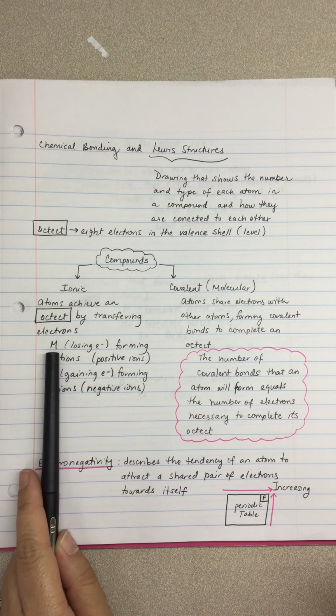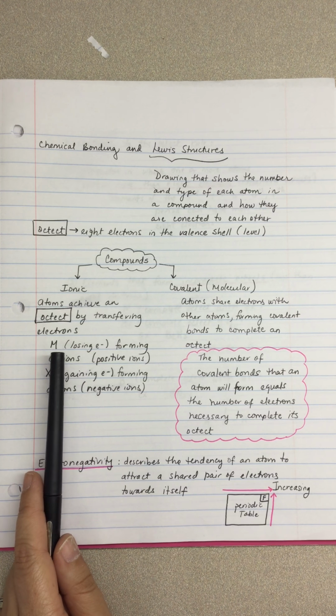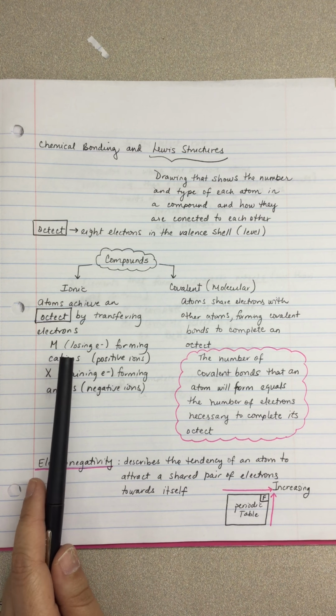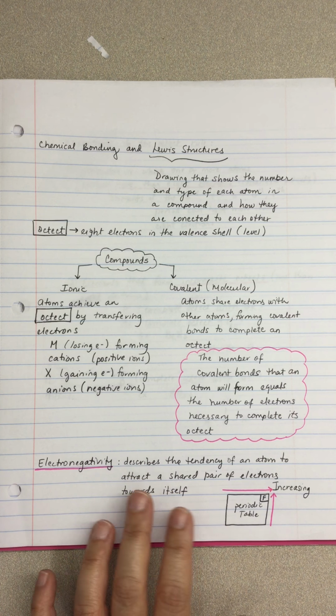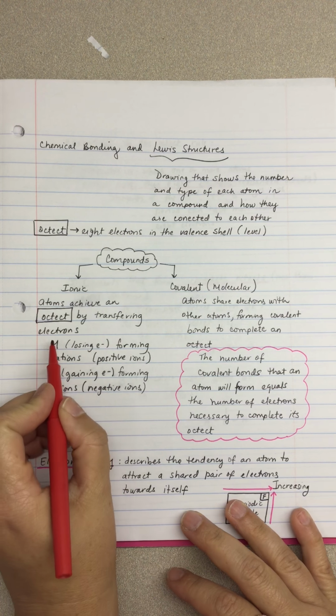In general, when you have ionic compounds, you're going to have a metal. And metals form cations, or ions with a positive charge, because they tend to lose electrons.